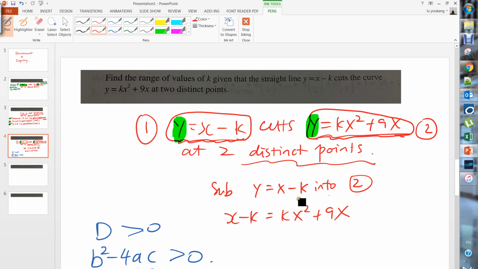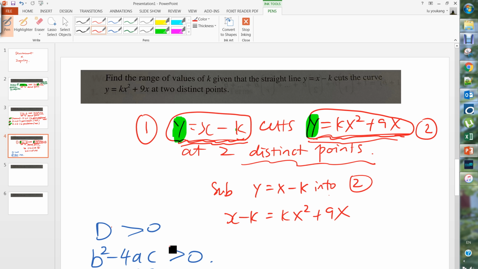And then your objective for this question is, it tells you that this straight line cuts the curve at two distinct points, so it means the discriminant is bigger than 0, and b squared minus 4ac is bigger than 0, right?